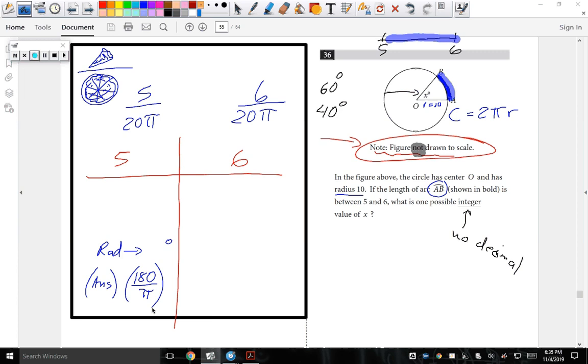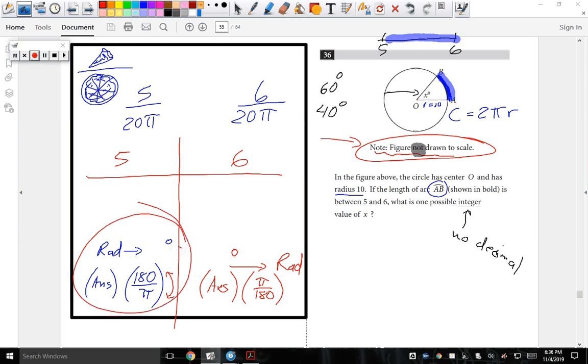This is knowledge base. If I wanted to take a degree and change it to radians, I would multiply it by what? What do you think? It'll be the reciprocal of this: pi over 180. So I got this right here, and I need to multiply by 180 over pi in order to get my answer.